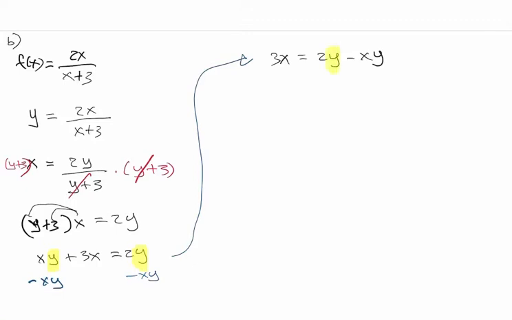Again, our goal is to isolate y. Now since each term has y on the right side of the equal sign, I can actually factor out y here. Then I get y times 2 minus x, and on the left side we have 3x. So in order to solve for y, since it's multiplying 2 minus x, I just need to divide both sides by 2 minus x.